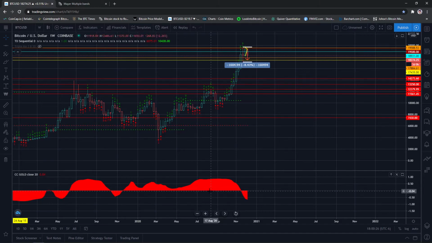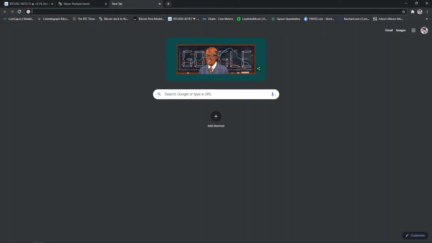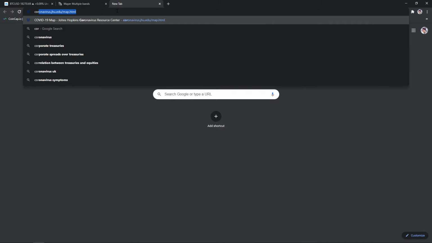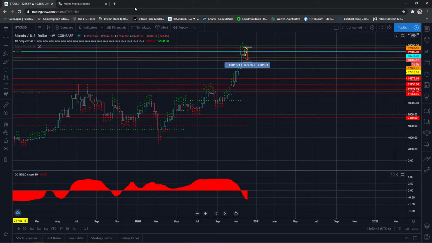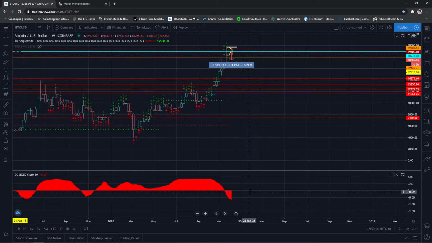This correlation coefficient has a specific name. It's named after the person who... Here we go. I forget that. Oh, yeah, Pearson. Correlation coefficient, that's what it is. TradingView just calls it correlation coefficient, but that's what this is.